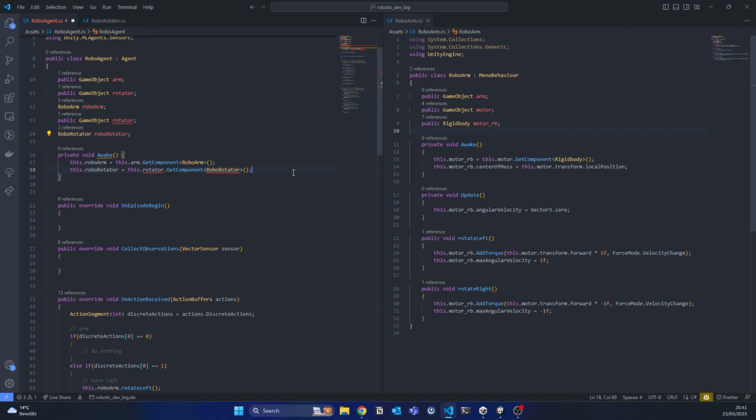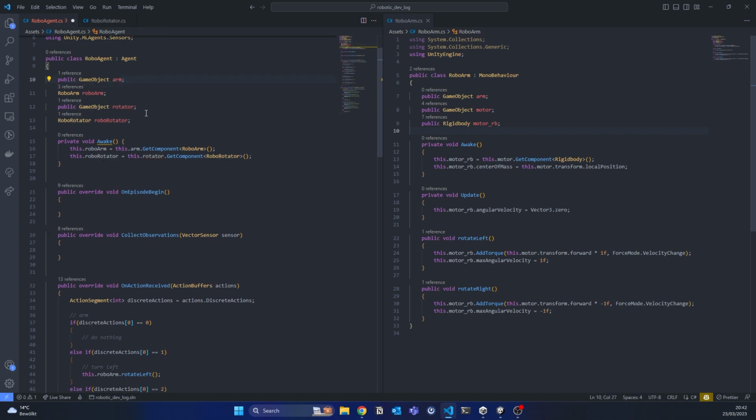Oops. Okay, rotator. Why does this give me trouble here? I have defined it twice. When did that happen? Okay, robo rotator.